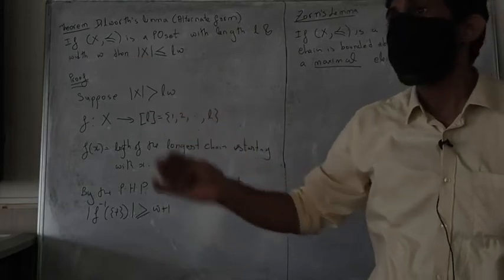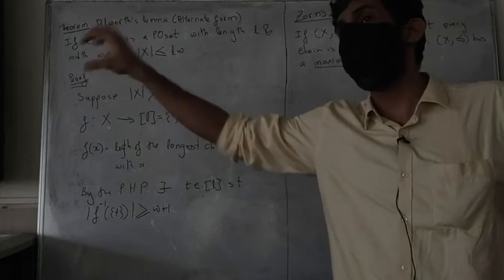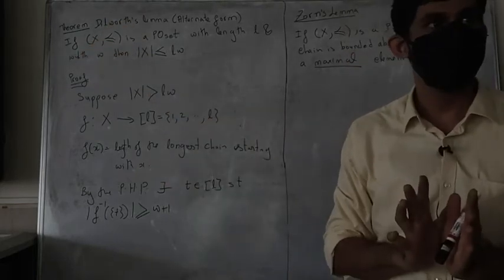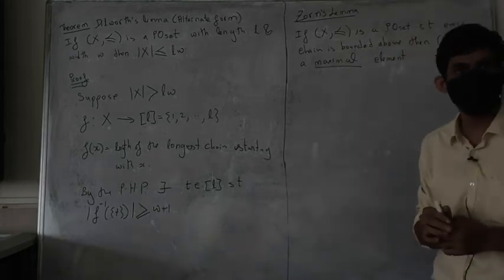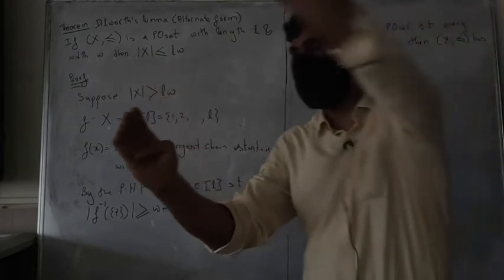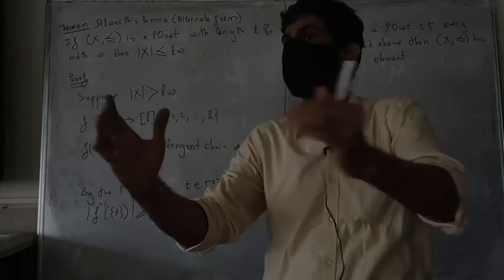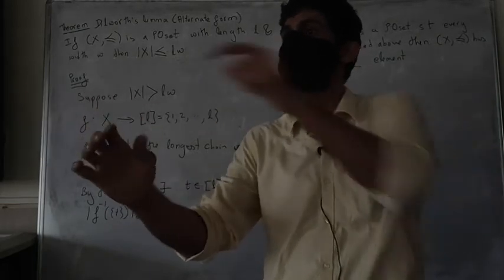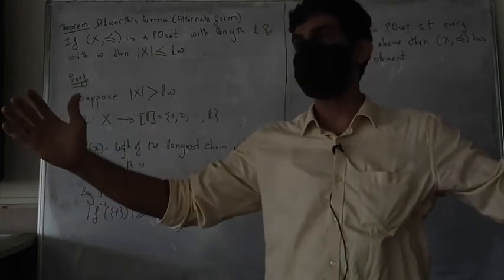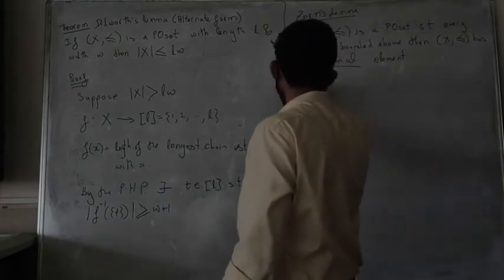In other words, given any element outside it, it should be related to one of these. Hence, I cannot increase the size. Because if there's an element which is not related to any of these, I can put it inside and make the size of the anti-chain bigger. So that's a maximal anti-chain.